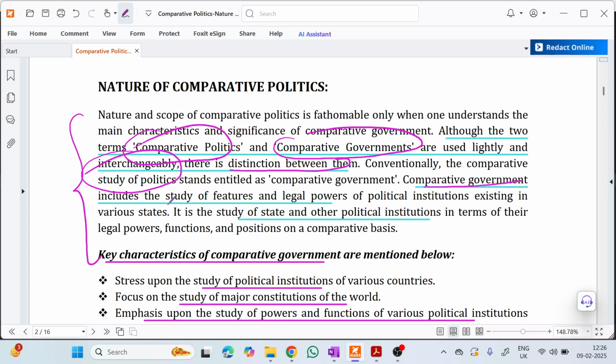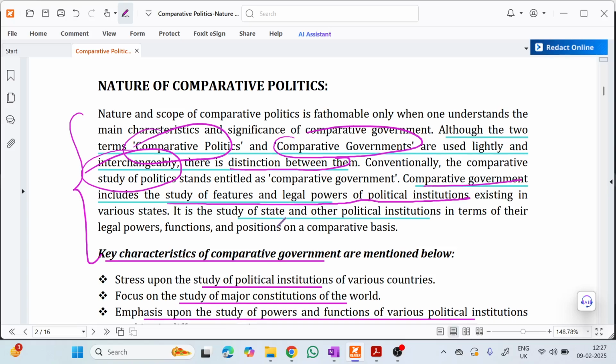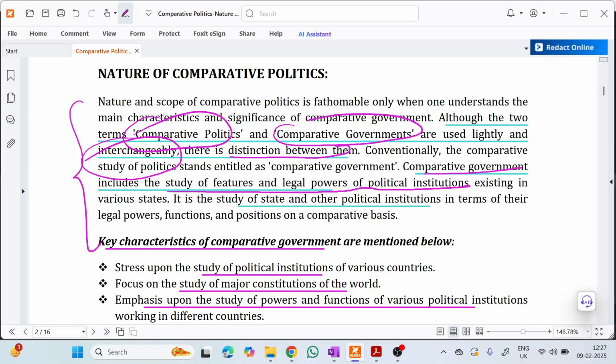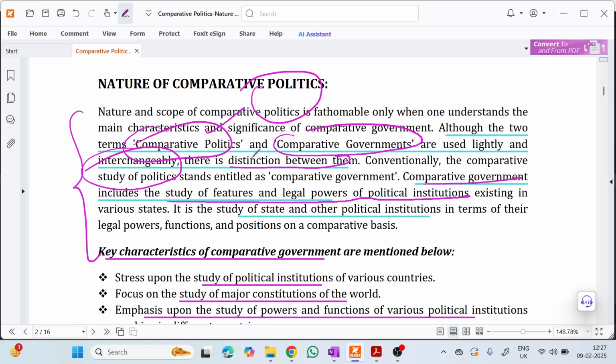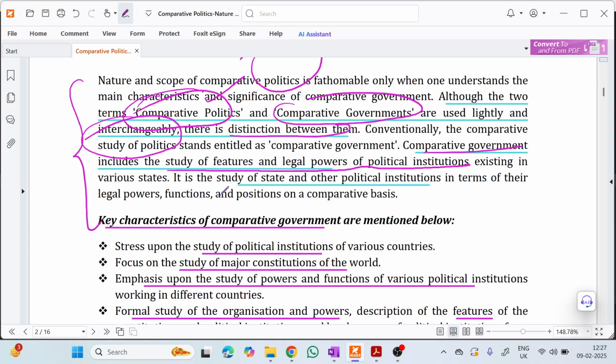Comparative government includes the study of features and legal power of political institutions, whereas comparative politics is a more comprehensive one, wherein it includes other non-formal institutions as well. So those institutions which are not political in nature, but which also hold a sway, which also pressurize, lobby, or influence polity in one way or another, those informal institutions are also taken into account.